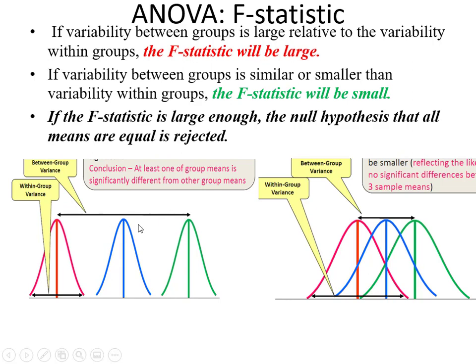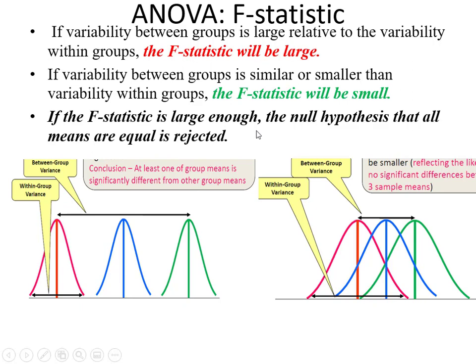Now this is the variation between these 3 groups, and this is the variability within a single group. So if this between group variability is the same as this, or smaller than the within group variability, then the F statistic value will be small.